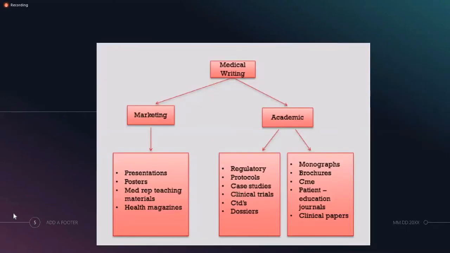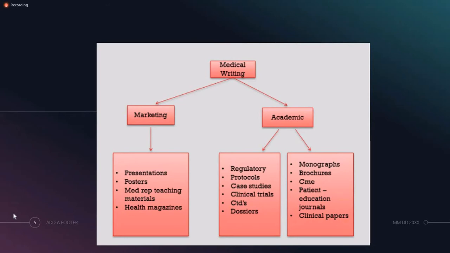So, coming to our next objective, what are the different types of medical writing? The medical writing may be academic, or it could be for the purpose of marketing. So, how come medical writing could be for the purpose of marketing? Because most of the time, when we are doing some randomized controlled trials or experiments, and we come up with some great idea, we want to sell that idea.